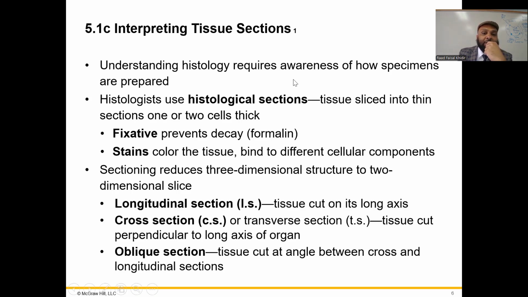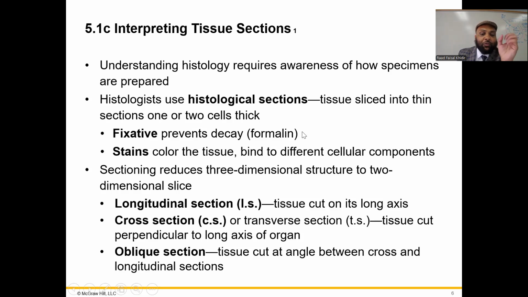So understanding histology requires awareness of how specimens are prepared. So histologists use histological sections. These are tissue slides cut into thin sections, 1 or 2 cells thick. So there is a fixative histological section, and that prevents the decay.